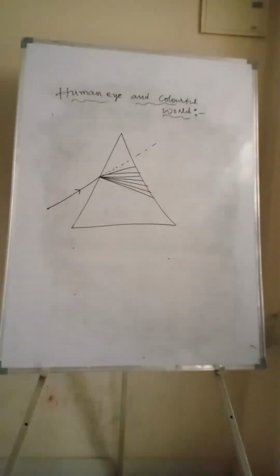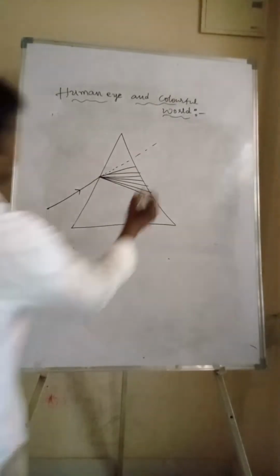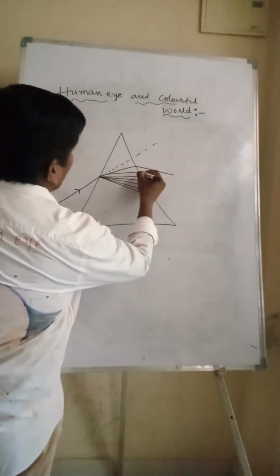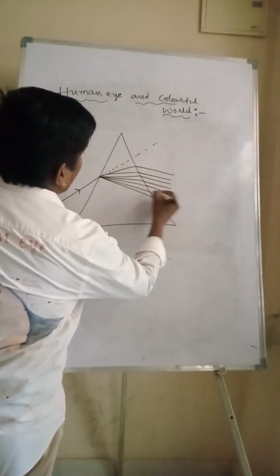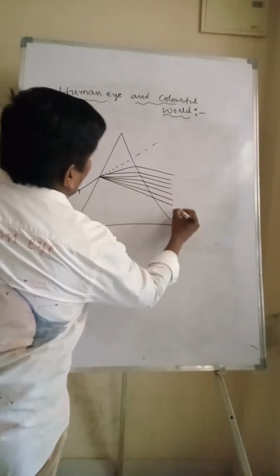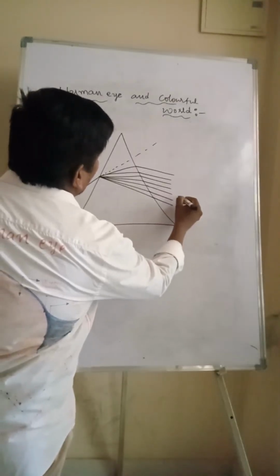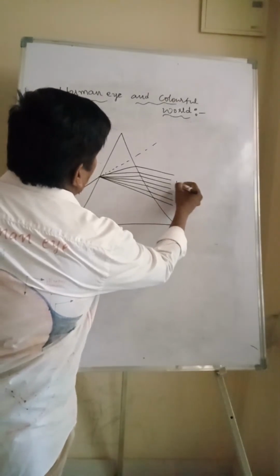You can observe, you can see the order. Like this, here 7 colors: 1, 2, 3, 4, 5, 6, 7. Violet, indigo, blue, green, yellow, orange, red.